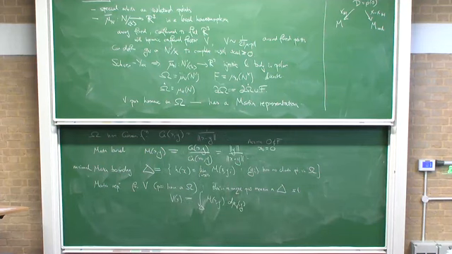So you have a way to write everything down, provided you know what the boundary is, and provided you know what the kernel is, and you know what the measure is.